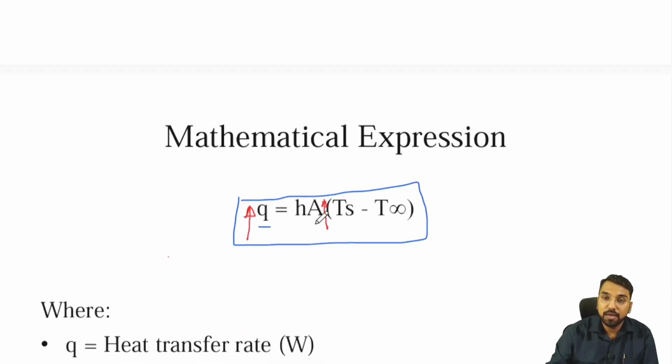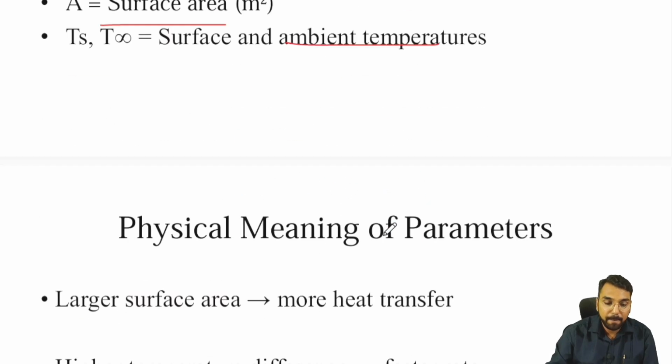Q equals HA multiplied by Ts minus T infinity, where H is the convective heat transfer coefficient, A is the surface area, Ts is the surface temperature of that object, and T infinity is the ambient temperature, or the surrounding temperature, you can say.